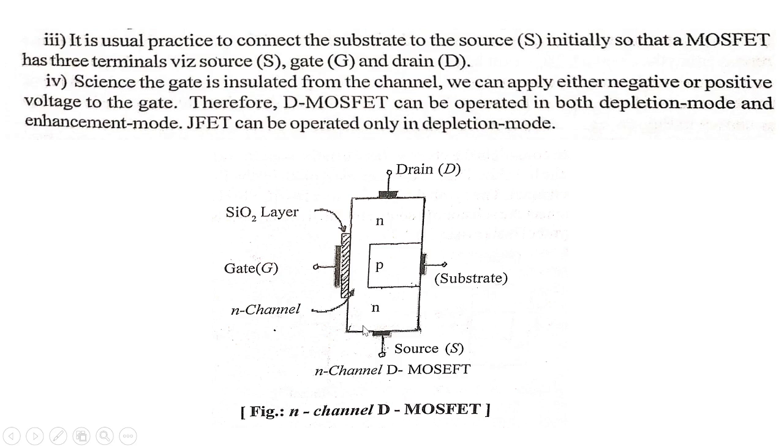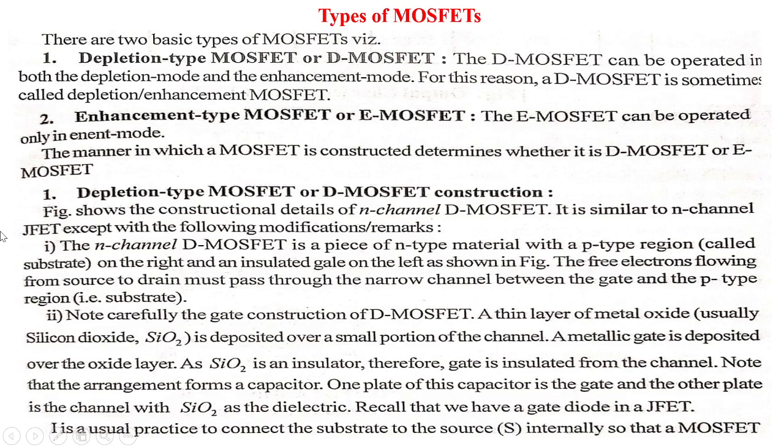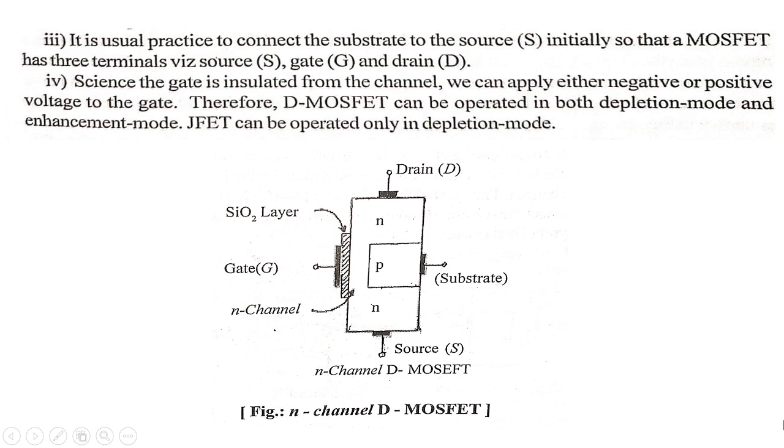In the N-channel depletion MOSFET, the channel is made up of N-type material and the substrate is P-type as shown in figure. The substrate is P-type semiconducting material, and here the channel is made up of N-type semiconducting material.